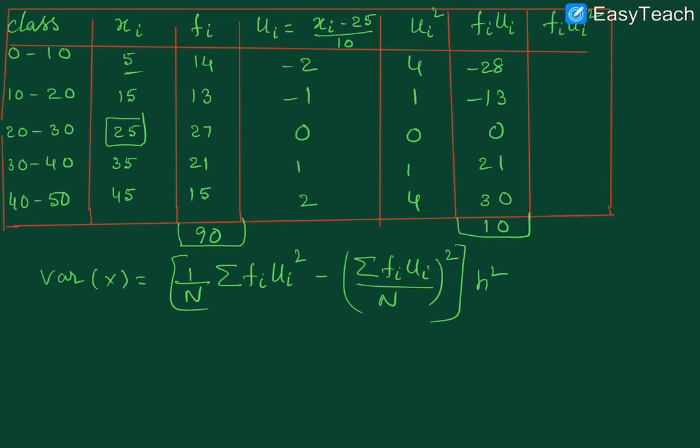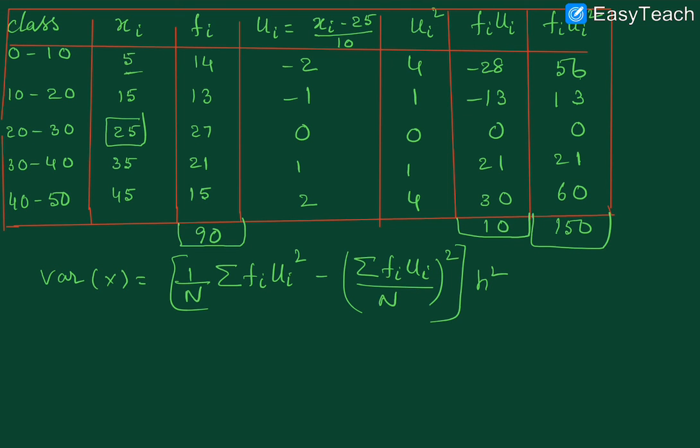Next we required fi ui square. fi, 14 4s are 56. Next 13. Next 0. Next 21 only. 15 4s are 60, right? So we got 56, 13, 0, 21, 60. What about this summation? 6 plus 3, 9, 10. This is 150. We are getting summation.